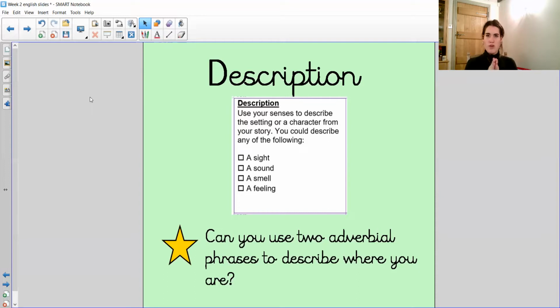Because if I go in straight away and start talking about something quite specific in the setting, like the river or maybe the animals, then I've not really got anywhere to go after that. I want to start to describe my setting quite broadly, okay? And I'm going to show you what I mean by that. So I'm just going to pause my video and put my visualizer on so you can see what I am beginning to write.